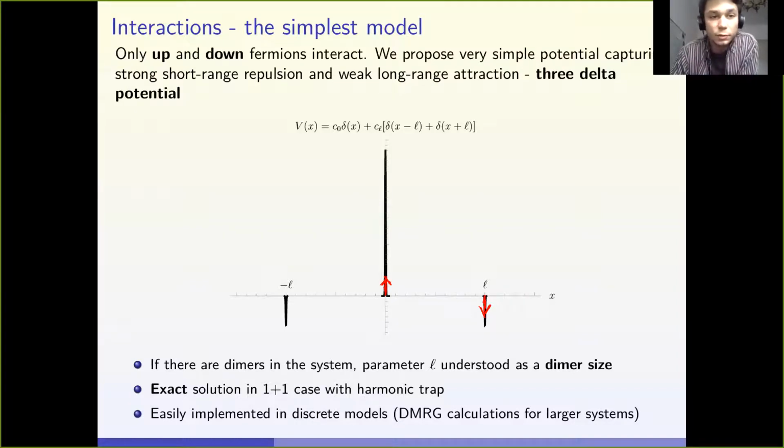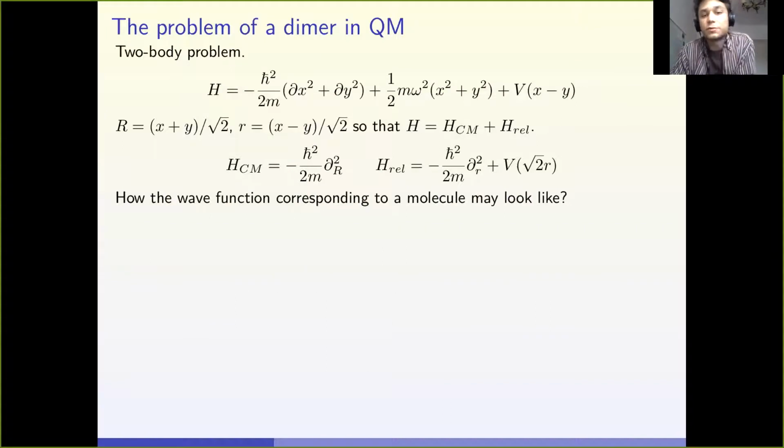Okay, so we have the interactions, and now we have to somehow start dealing with that problem of a molecule in quantum mechanics. So let's start with a two-body problem. Consider just two particles. Then you can, of course, introduce a center of mass variable and a relative variable and split the Hamiltonian into two parts.